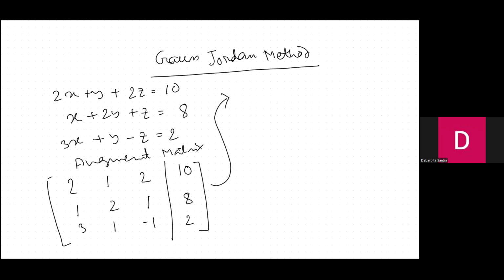So look at the augmented matrix very carefully. What do we have to find? We have to find 1 at the very first place, and below the 1 all the elements should be 0.